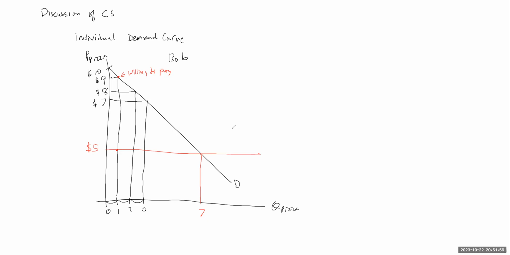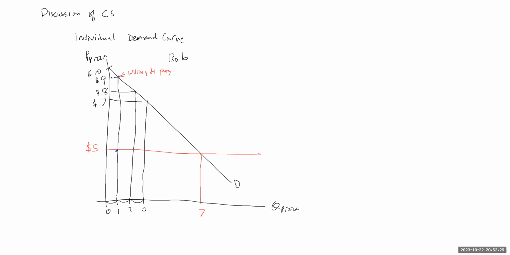The demand curve provides how Bob values each marginal slice of pizza. For that first slice, he values it at 9, right here. He paid 5. That's his actual payment.